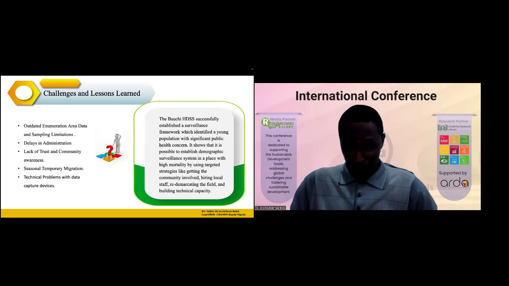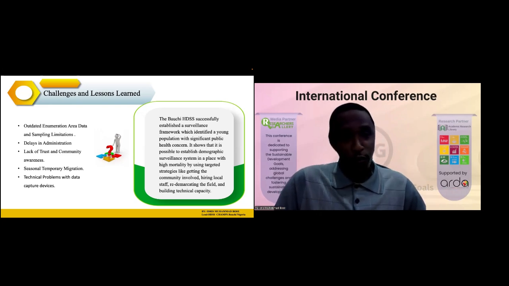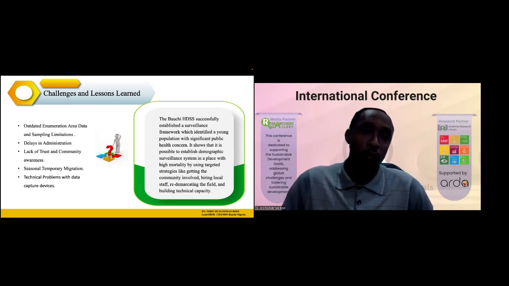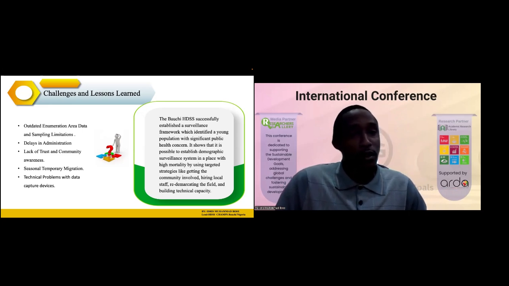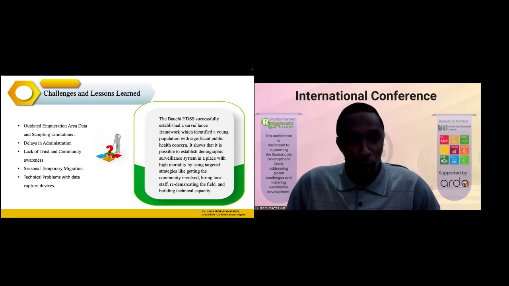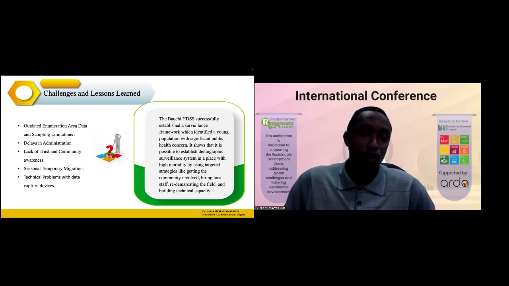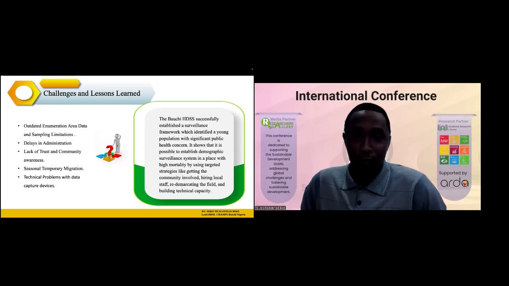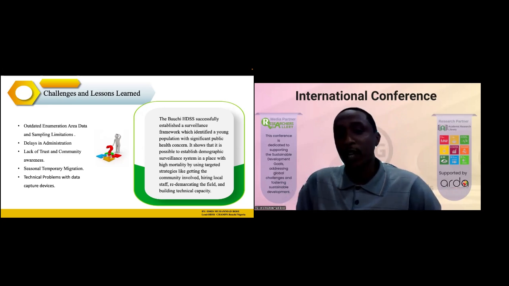So technical problems with data capture devices, of course, we faced a lot of problems due to the fact that we adopted the software application from the HDSS Training Leadership Center. But a capacity building training was conducted for the ICT team, so we now have the capacity to maintain the application.